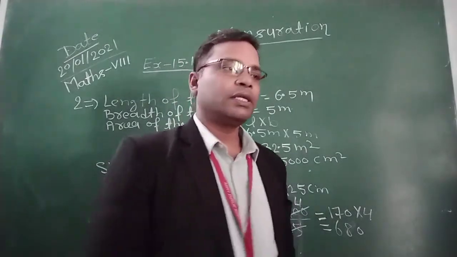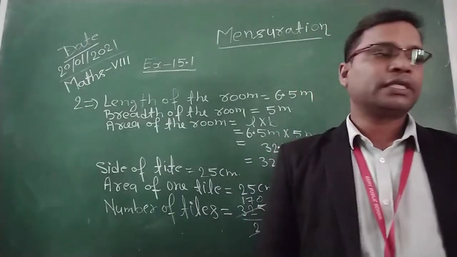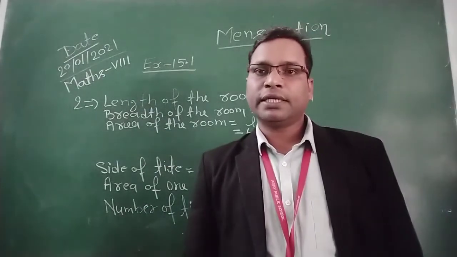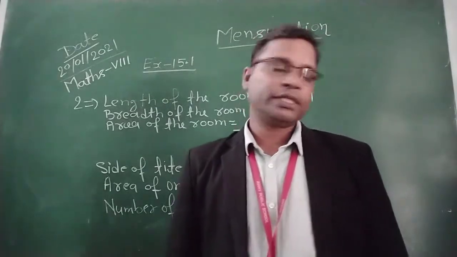But you need to find the cost of flooring. The rate of flooring is given here: 1,880 per 100 tiles. But we have 680 tiles.